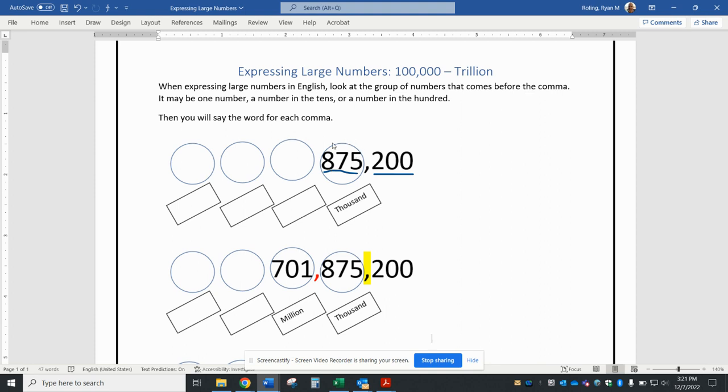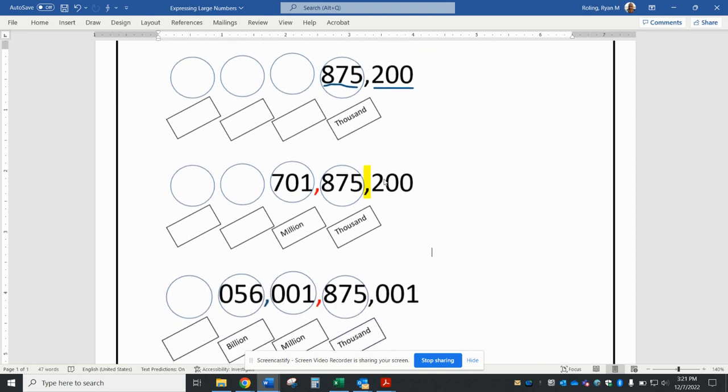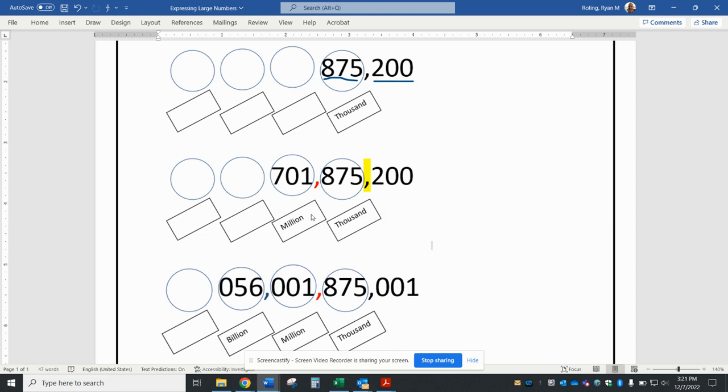So this number is 875. The comma tells me I say thousand. And then the last 3 numbers are 200. So this number is expressed as 875,200. We'll do some more examples here in a minute, but the second comma is million.